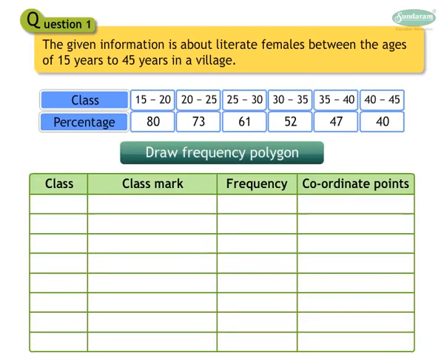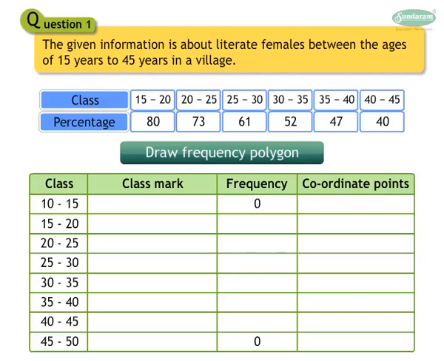Let us first draw a 4-column table to plot frequency polygon. In first column, we will write class intervals given to us. In frequency polygon, it is assumed that the frequency of the class preceding the first class and the class succeeding the last class in the classification is 0.